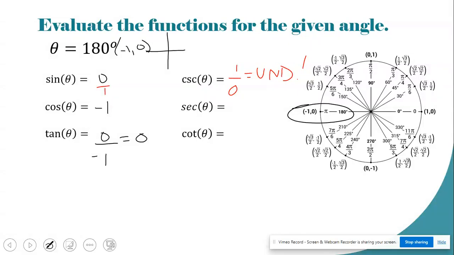There's a very special attribute that happens when we have an undefined part of our graph or our function. When we go and reciprocate cosine, we're going to have 1 over -1. That's just -1 for secant. And cotangent, we're going to reciprocate 0 over -1. So we'll have -1 over 0. And again, we cannot divide by 0. It's undefined.